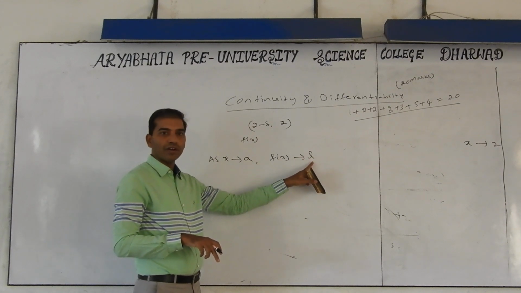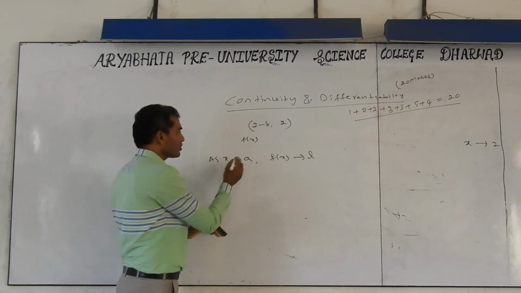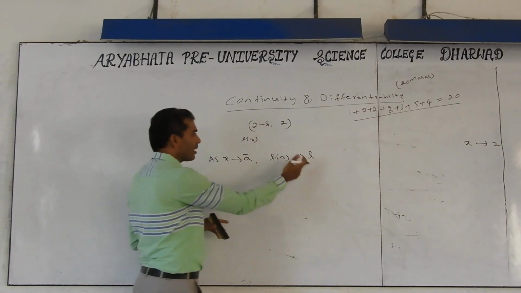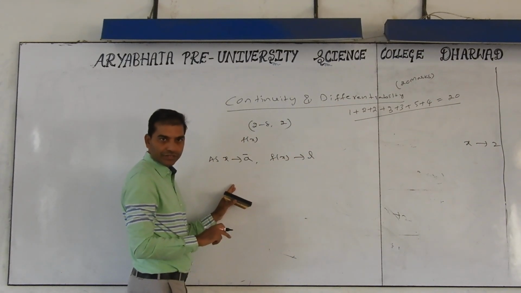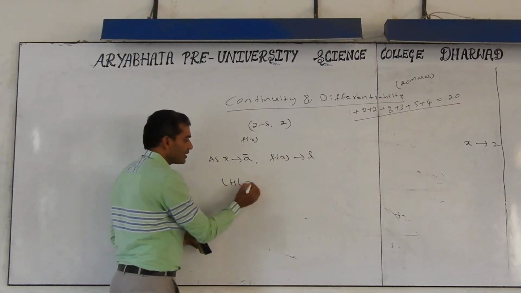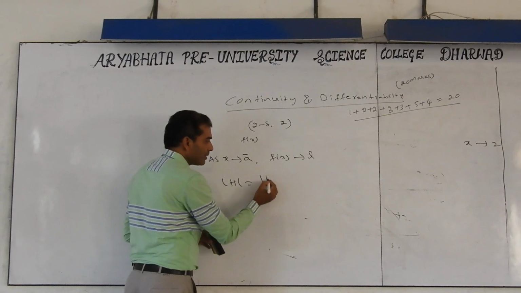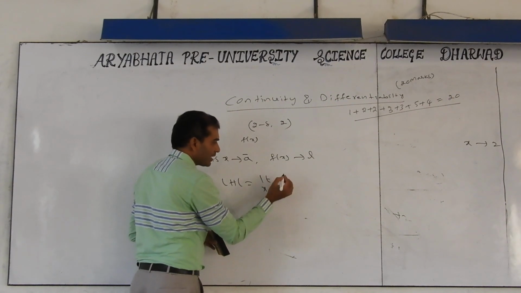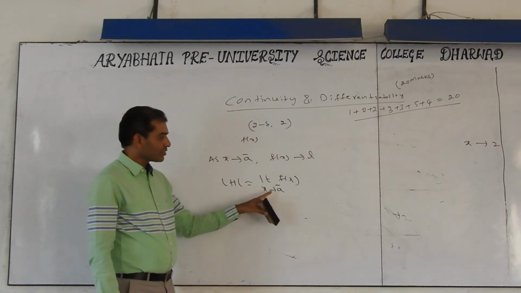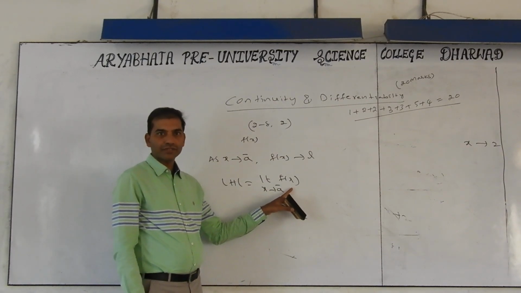Then L is called, here as x tends to a minus, then f of x tends to L, then L is called the left hand limit. It is denoted by limit x tends to a minus f of x.